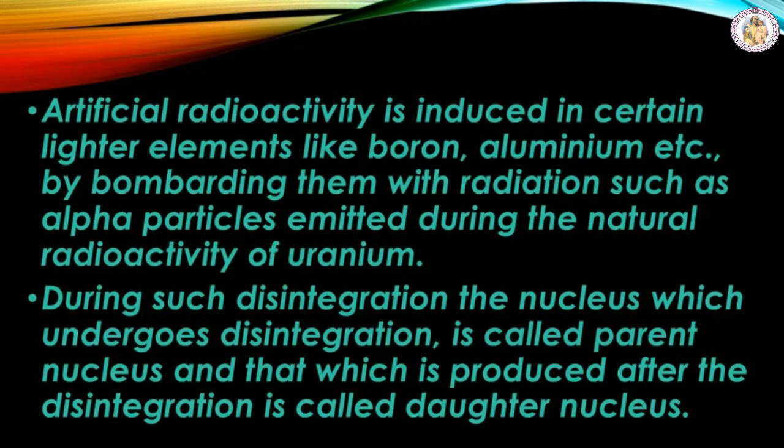Artificial radioactivity is induced in certain lighter elements like boron, aluminium, etc. by bombarding them with radiation such as alpha particles emitted during the natural radioactivity of uranium. This also results in the emission of invisible radiations and elementary particles.